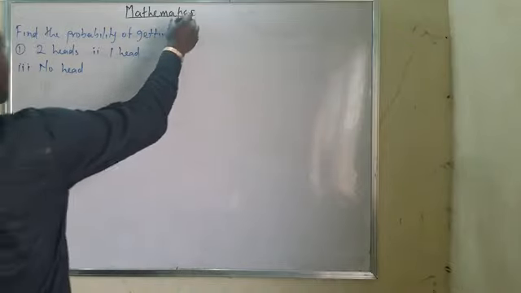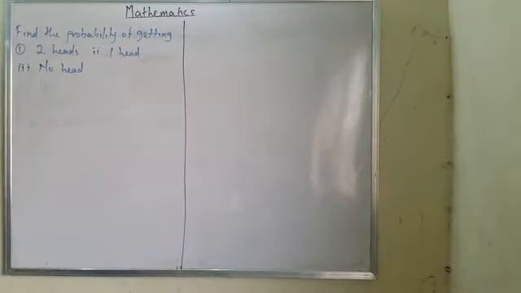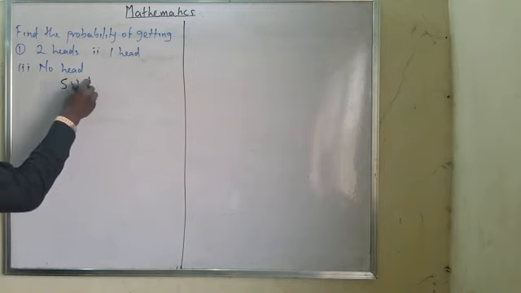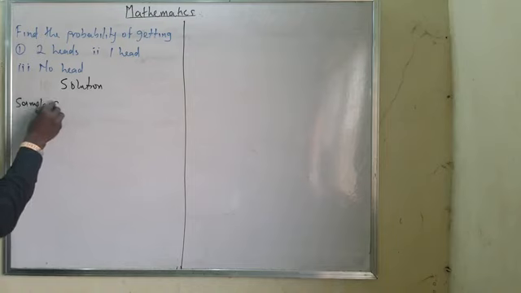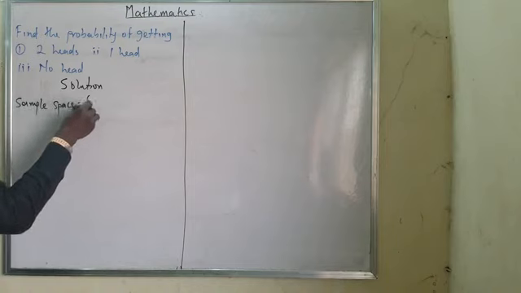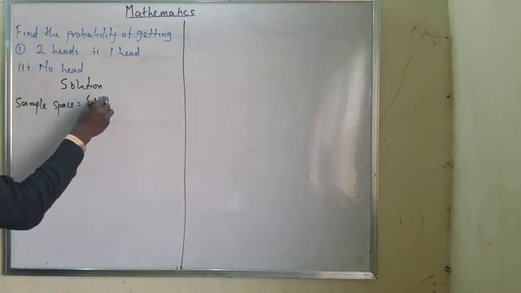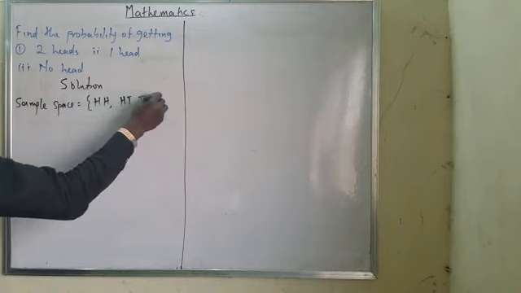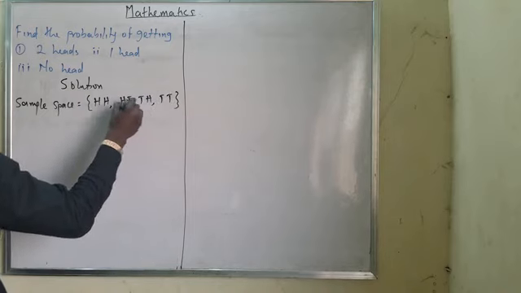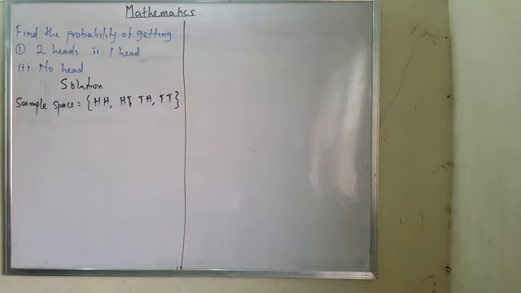You are looking for the probability of getting 2 heads, 1 head, no head. Now, look at this. The first thing I will do, which is very important, is my sample space. My sample space will be equal to head, tail, head, and tail. Very, very important. These are my sample space. Now, I'm talking about 2 heads.